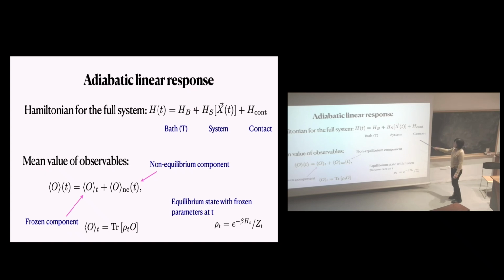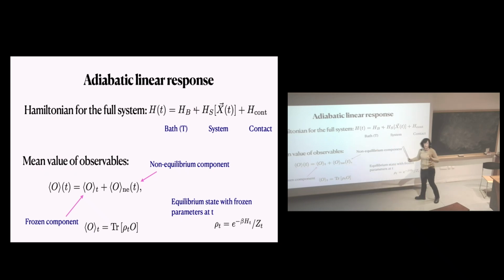As I said, we have all this Hamiltonian, and what we want to do is to split it in some mean value, which is evaluated with the Hamiltonian frozen at the given time, and introduce some linear response for this other part.